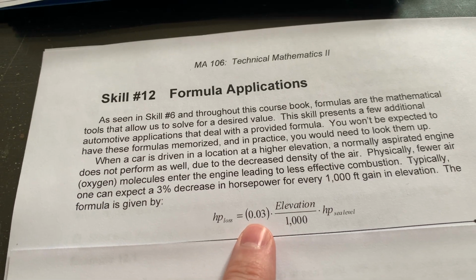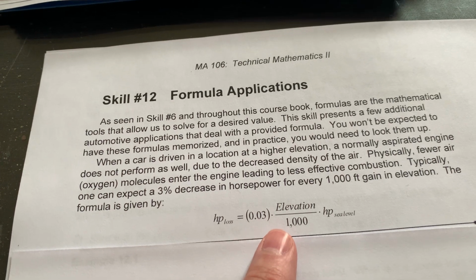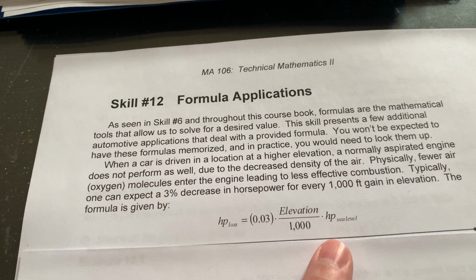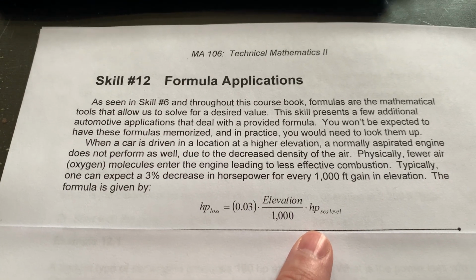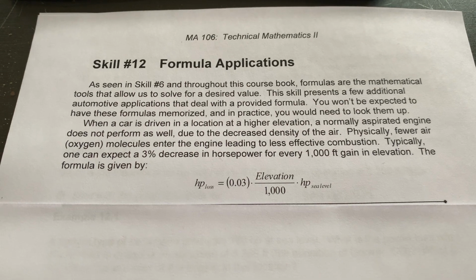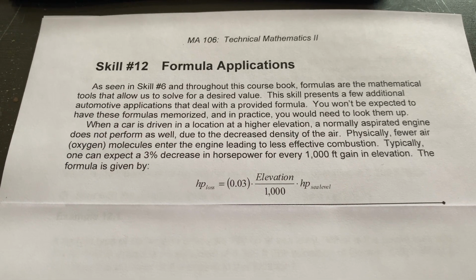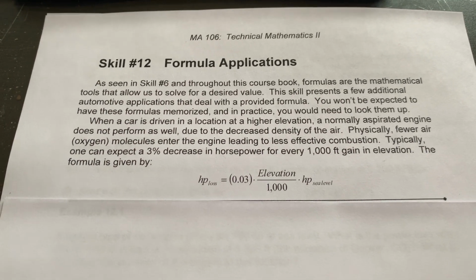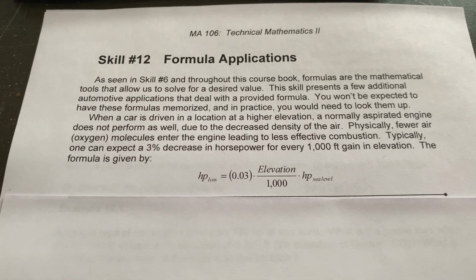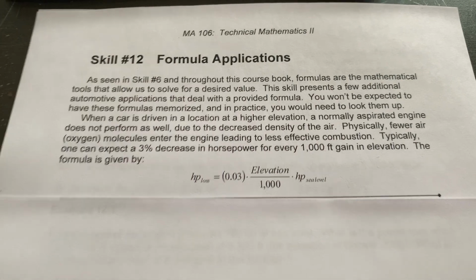So 0.03 is our percentage, times the elevation divided by 1,000, times whatever our original horsepower is at sea level. You're going to need some baseline horsepower to be able to do this calculation. You'll say, okay, so what's my, quote unquote, normal horsepower at sea level? As we go up, it's going to drop by 3% for every 1,000 feet.